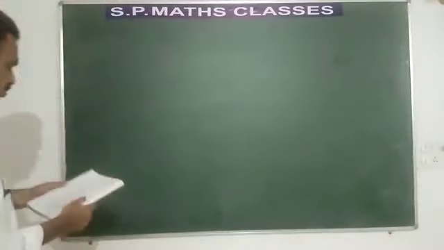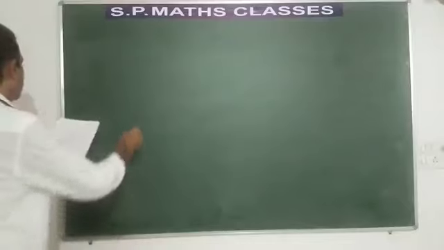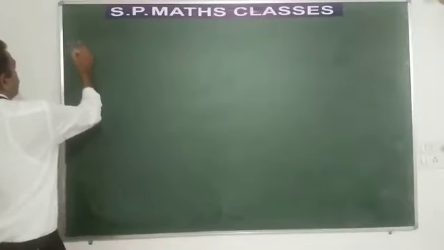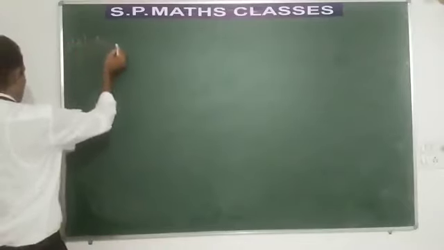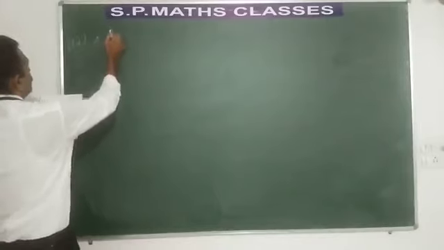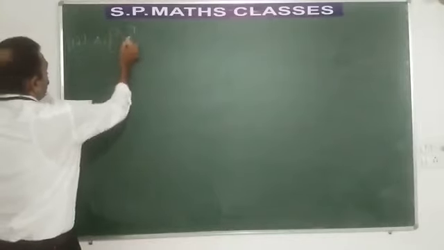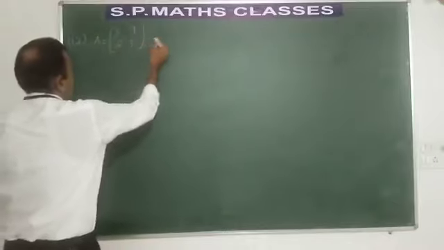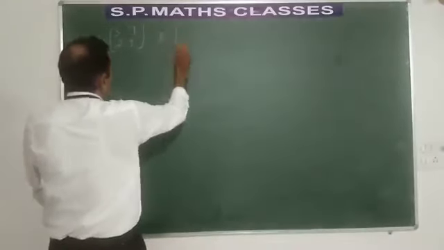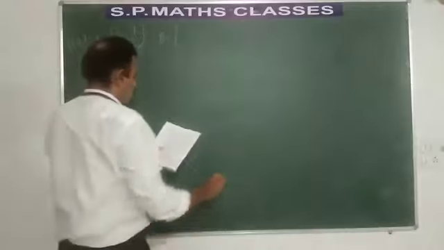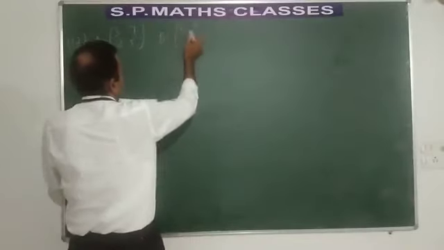I move on to the next one. It is given 12th problem. Given A is equal to 3 7 2 5, B is equal to 6 8 7 9.